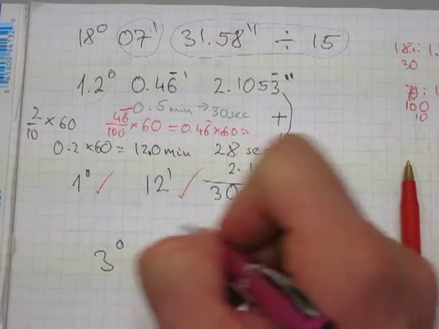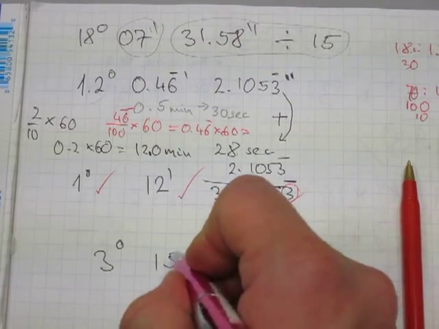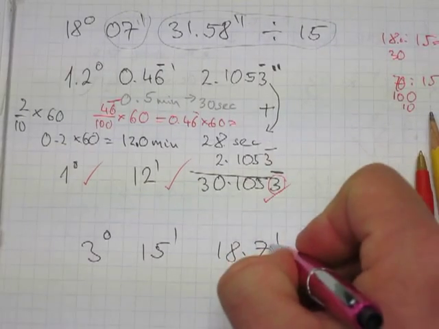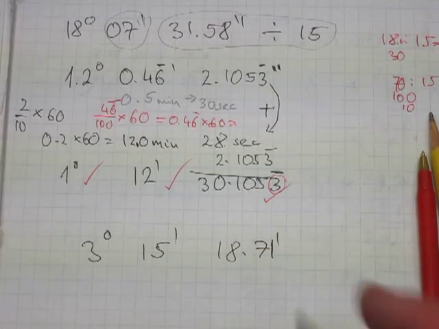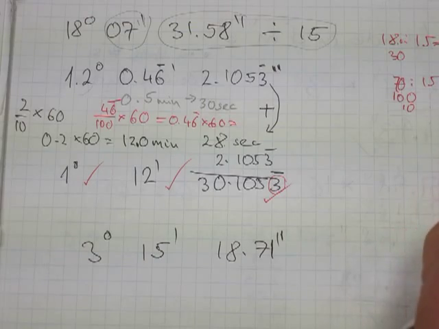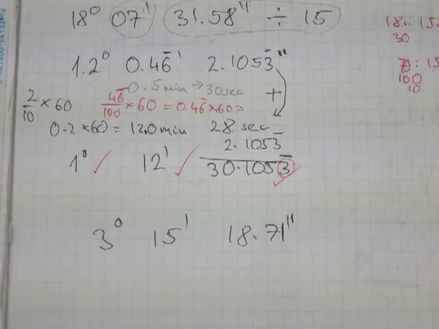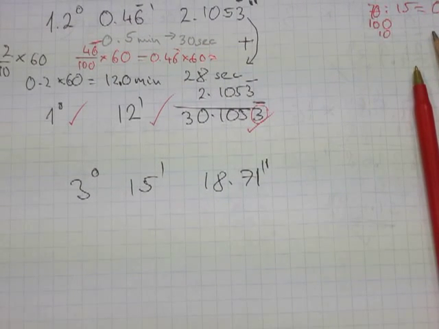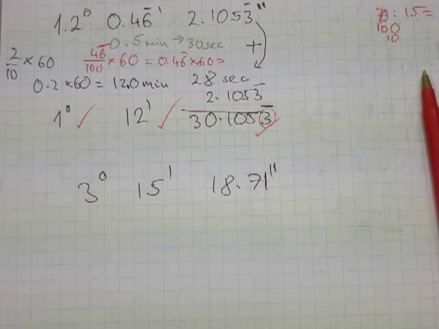How about, I don't know, 3 degrees 15 minutes and 18.71 seconds, and let's make it into a decimal degree, from degrees, minutes, seconds to decimal degree.